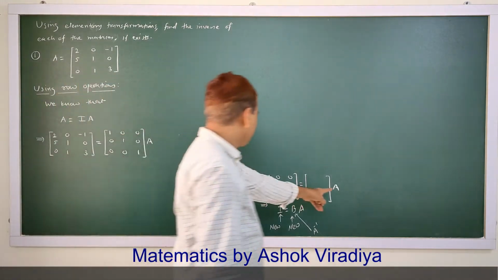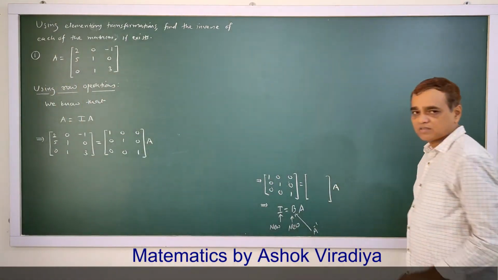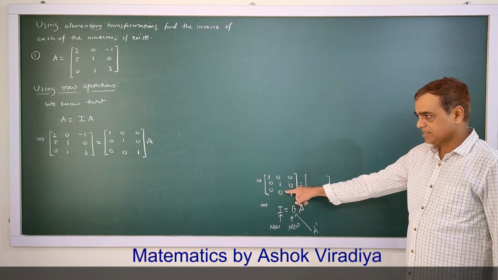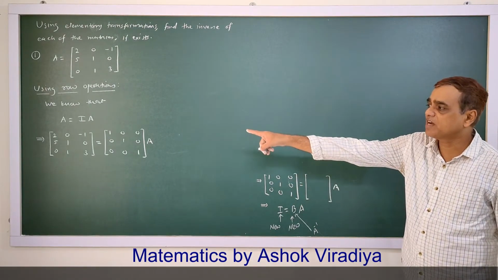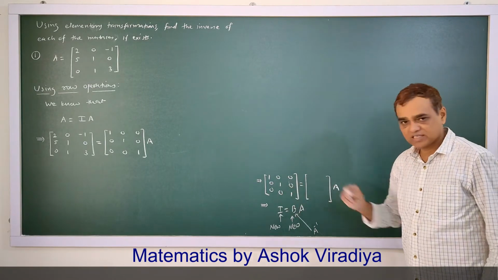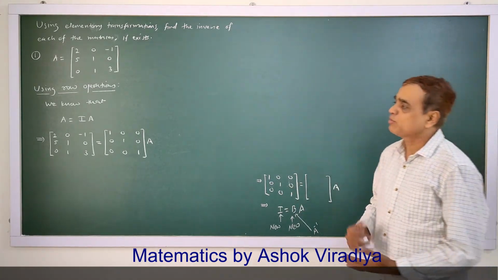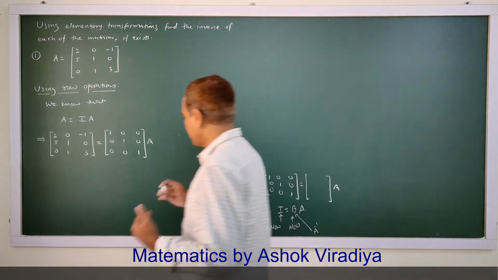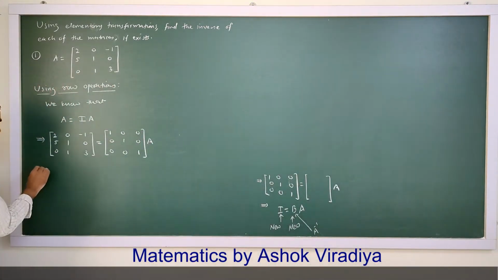This will be the last step. In the last step, left hand side will be I. So here LHS we are going to convert into I using row transformations. Now see, steps one by one.